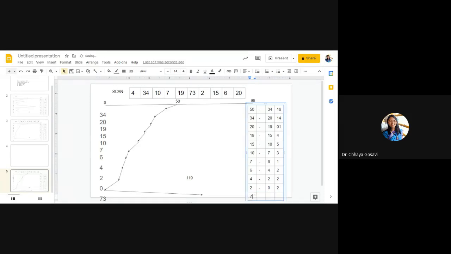So 73 minus 0, sorry, not 2. So it is 73. What should be the total for SCAN?